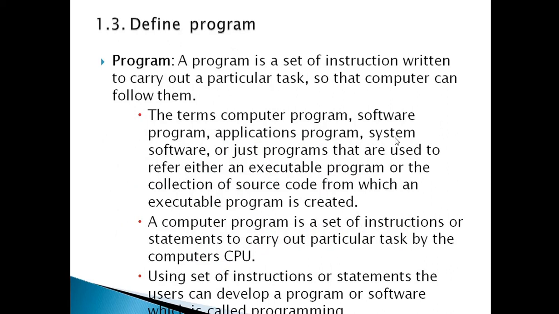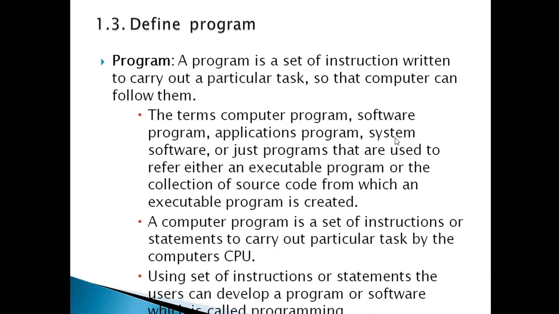A program is nothing but a set of instructions written to carry out a particular task. There are different types of programs: computer programs, software programs, application programs, system software.